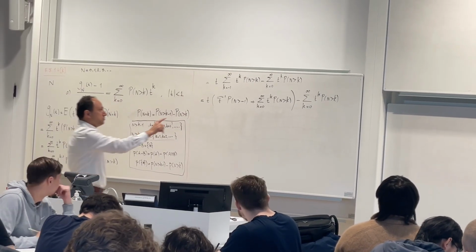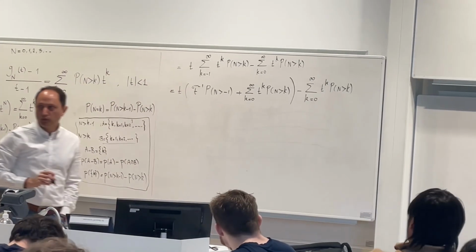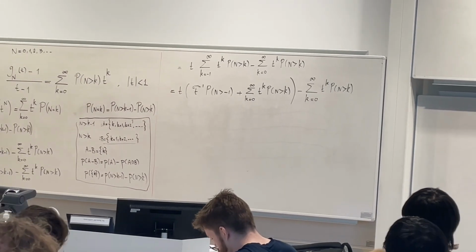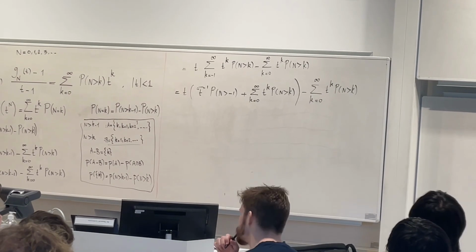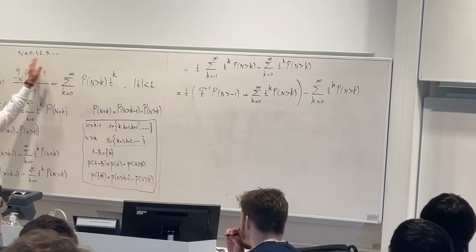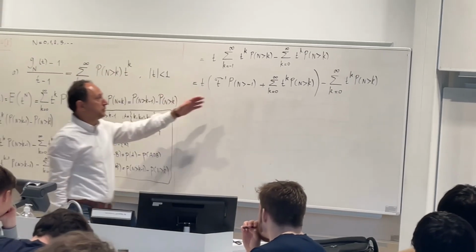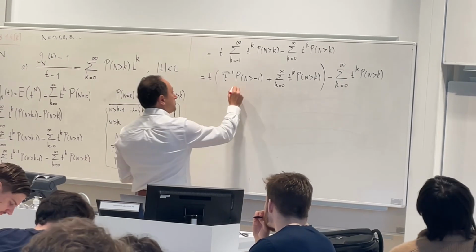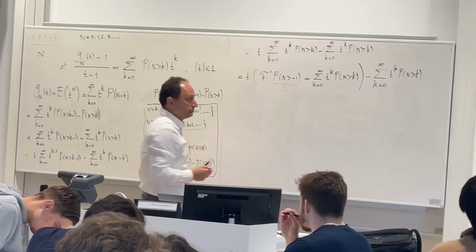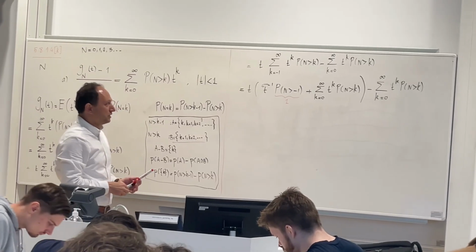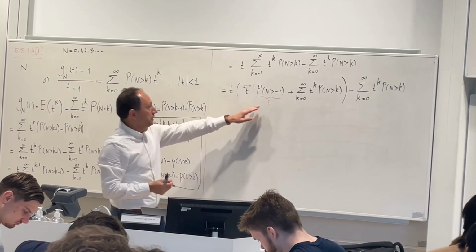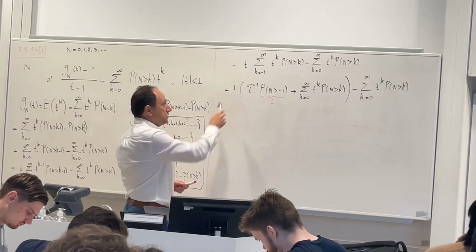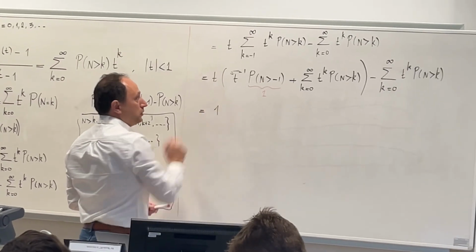Okay, this might seem troublesome, but it is not. What is that? It's 1, yes? Because the n takes these values. If n takes these values, what is the probability of n greater than minus 1? It's just simply 1. Okay, and I think we are done, so it worked. So this is 1. I multiply this t in. T times t inverse becomes 1.